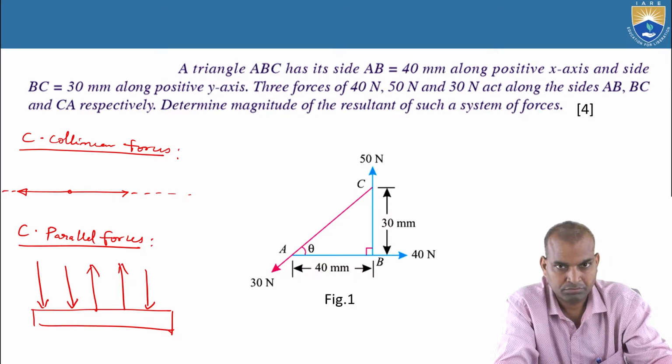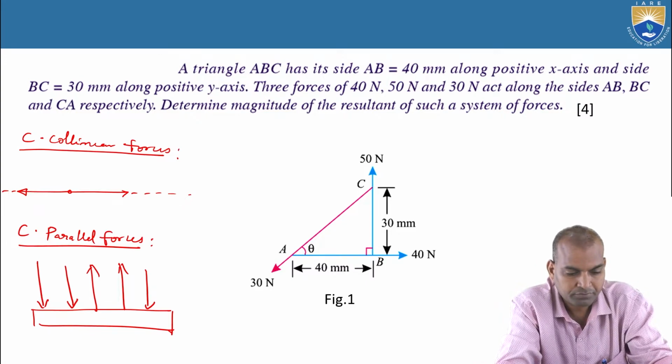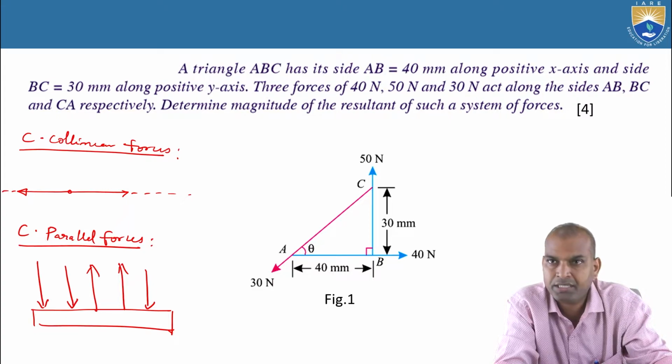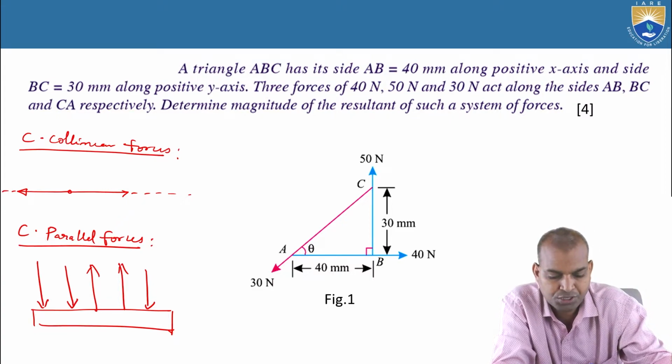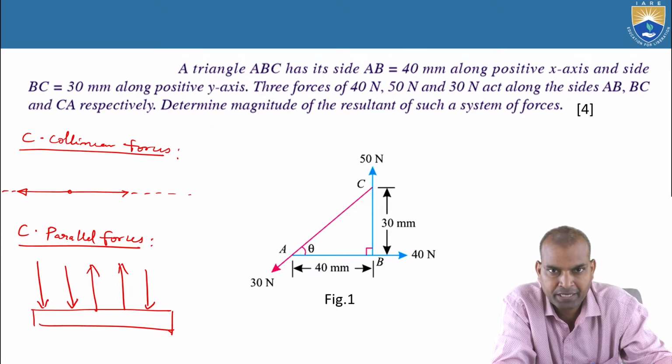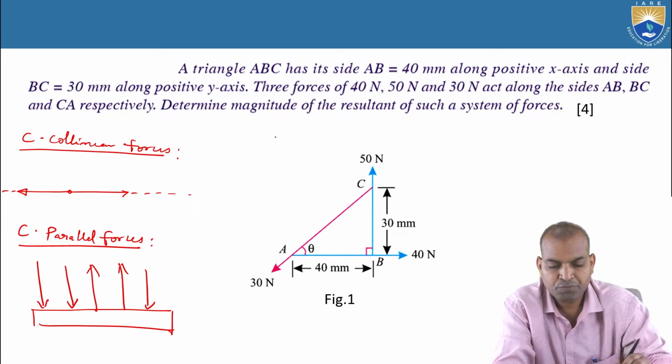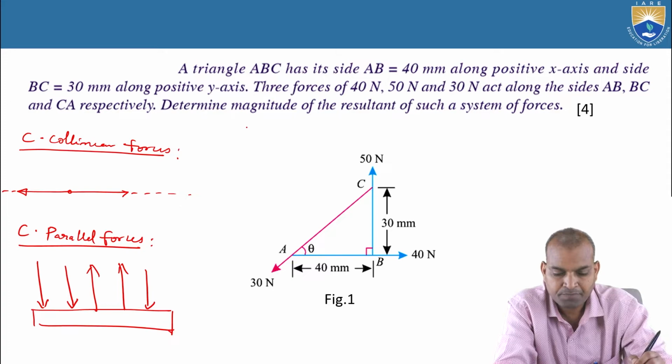Now, coming to the picture of these coplanar forces, here is figure 1. What type of force system is it? Definitely all the forces are acting in the same plane, no doubt about that. It is coplanar forces. But are they acting at one point?